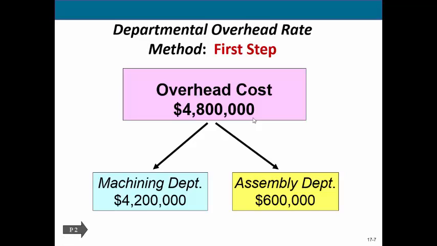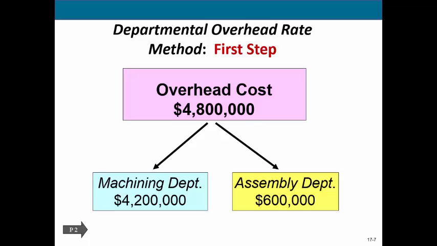The reason we're doing this is because as we divide into different departments, we can then get more specific and look at what we think are the actual drivers for each department. It's very important to select drivers that do in fact drive your costs or drive your overhead costs.